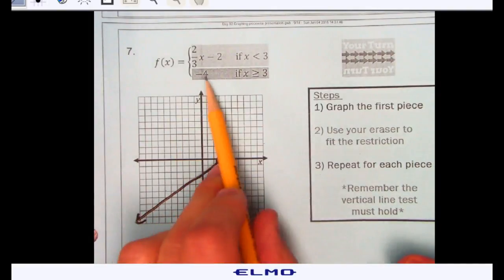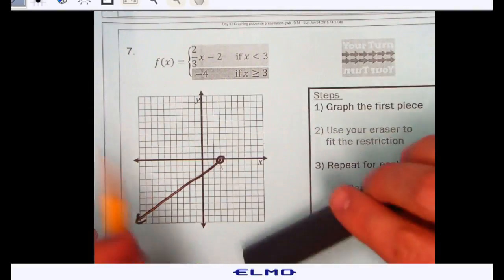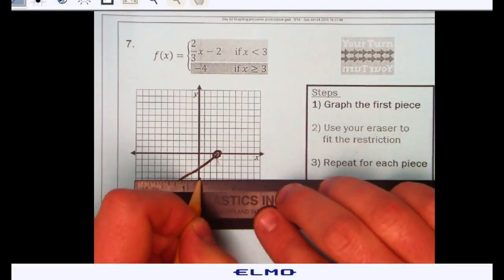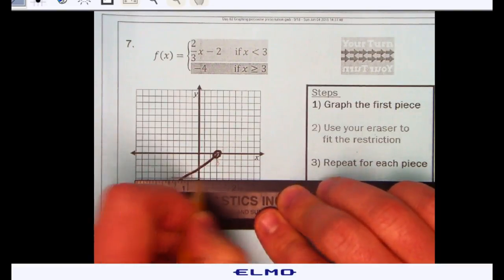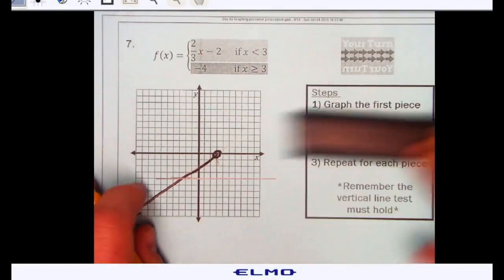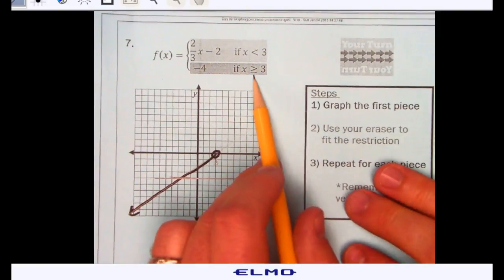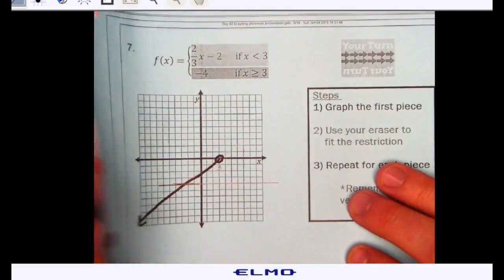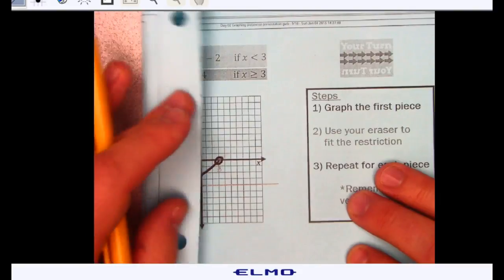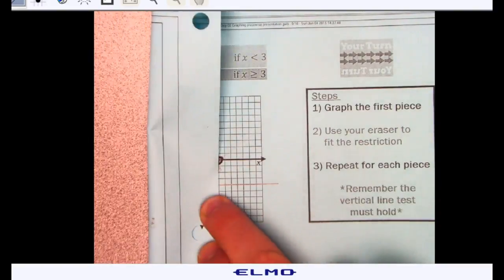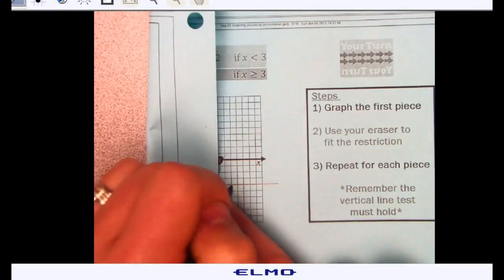And then we have y equals -4. So 1, 2, 3, 4. All right, just a horizontal line with 0 slope. And then since we want to do greater than or equal to, use this side and fold it over to 3 once again. And you can see that's what should be in your answer here.